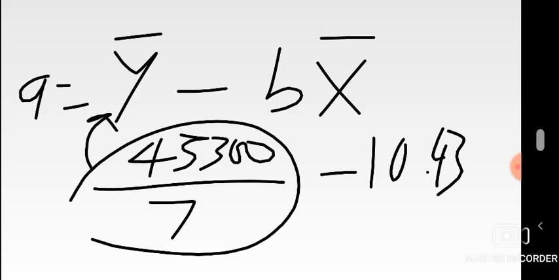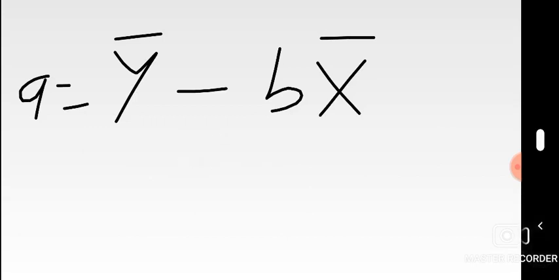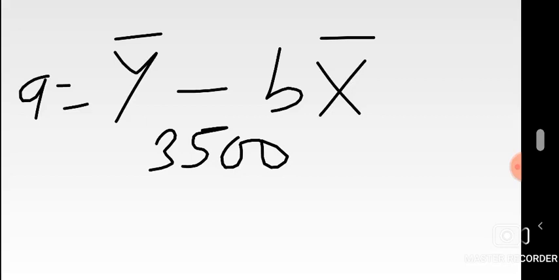How about x bar? What does x bar stand for? X bar is very similar to the way we did y bar. X bar simply means the summation of x divided by n. You sum up that column for x, then you divide by n. The X column had a summation of about 3,500.